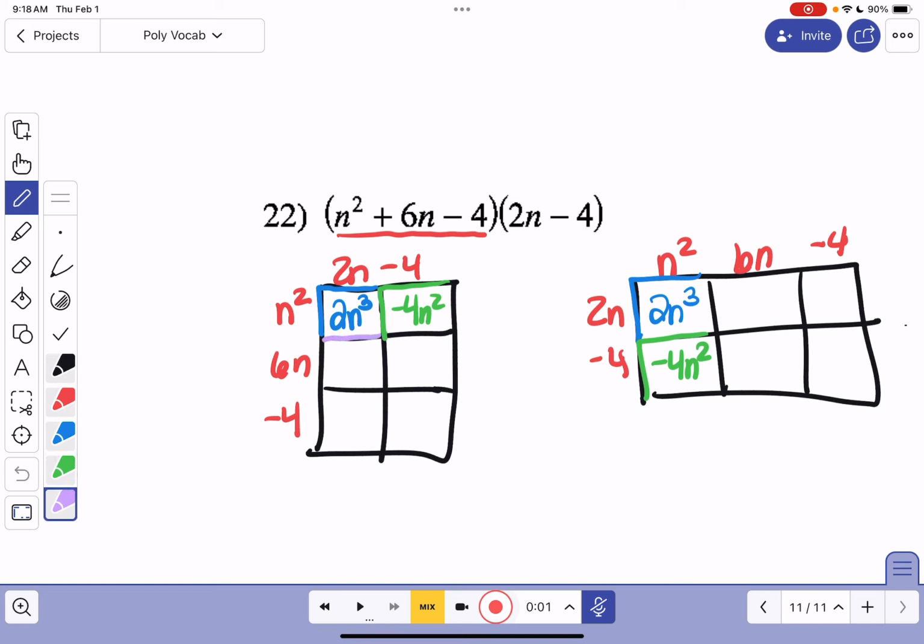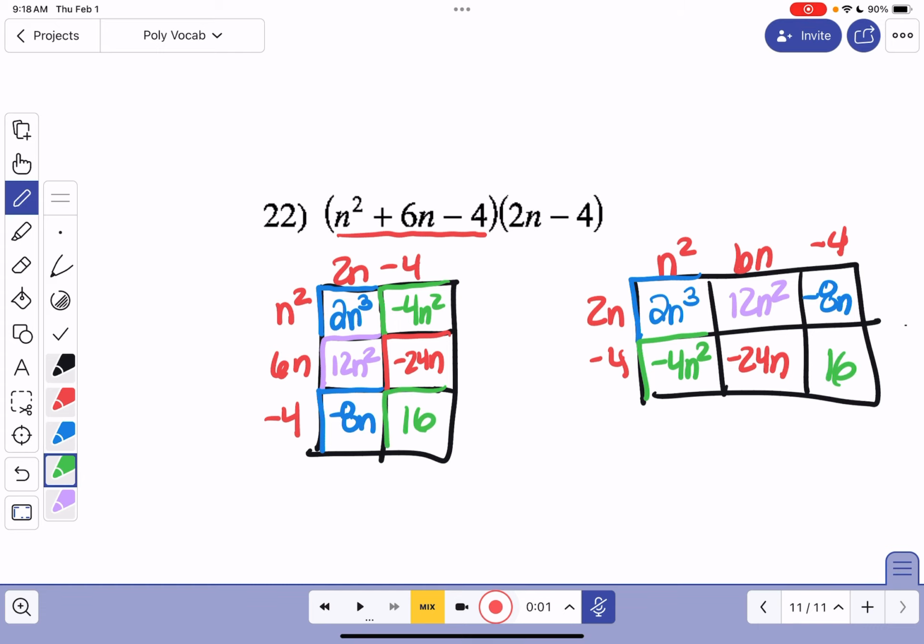This one's going to be 2n times 6n, so that's 12n squared, which we'll also have here. This one's going to be negative 4 times 6n, so negative 24n. 2n times negative 4 is negative 8n. And then negative 4 times negative 4 is 16.